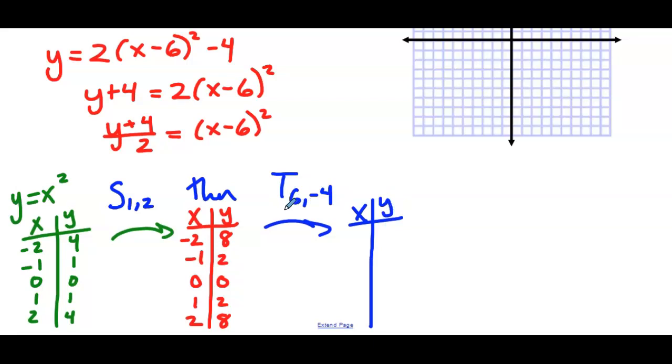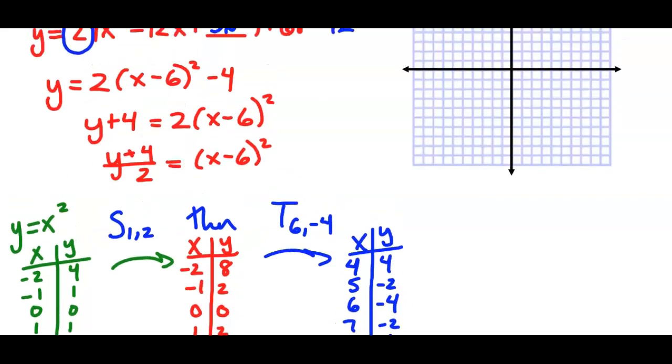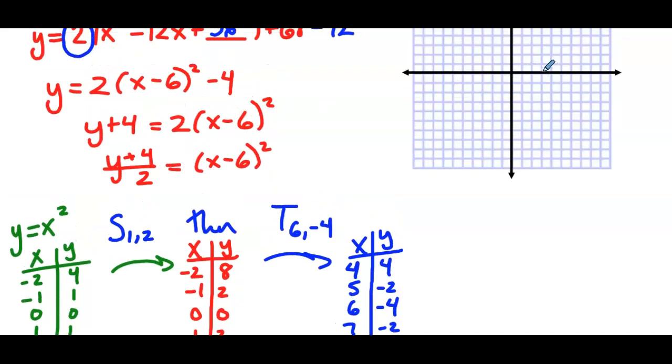So we're adding 6 to every x and subtracting 4 from every y. So that's 4, 4. That's 5, -2. 6, -4. 7, -2. And 8, 4. So 6, -4. 1, 2, 3, 4, 5, 6. 1, 2, 3, 4.